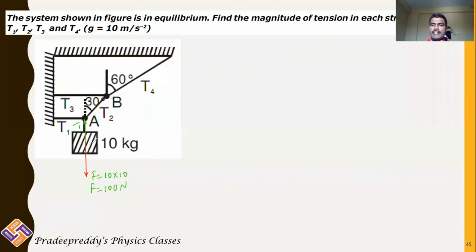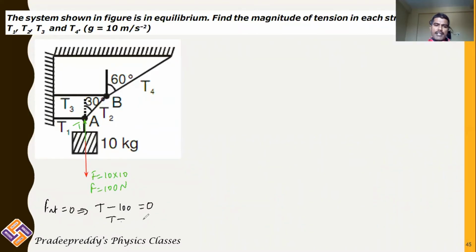So for this 10 kg mass, I have drawn the free body diagram. Gravitational force is 100 Newton, which is acting on the 10 kg. That is balanced by tension in the string, and that tension is T. Now, using F net is equal to 0: upward force, tension T, minus downward force, 100 Newton, is equal to 0.